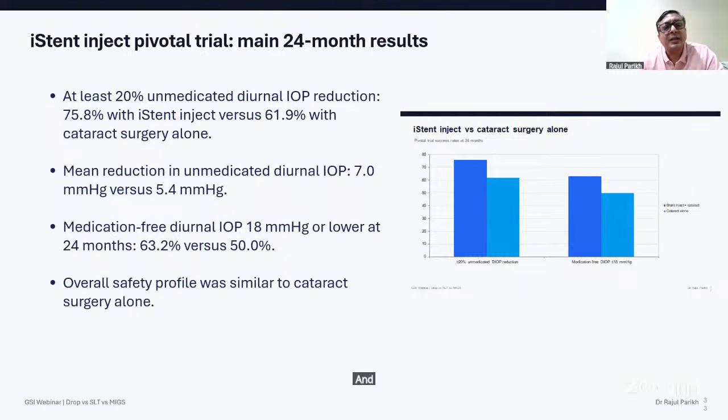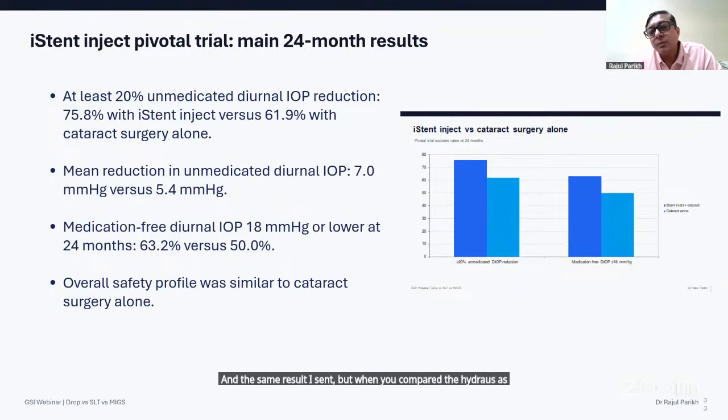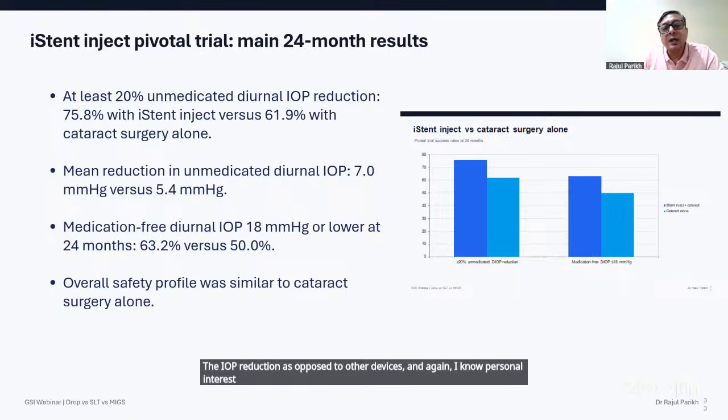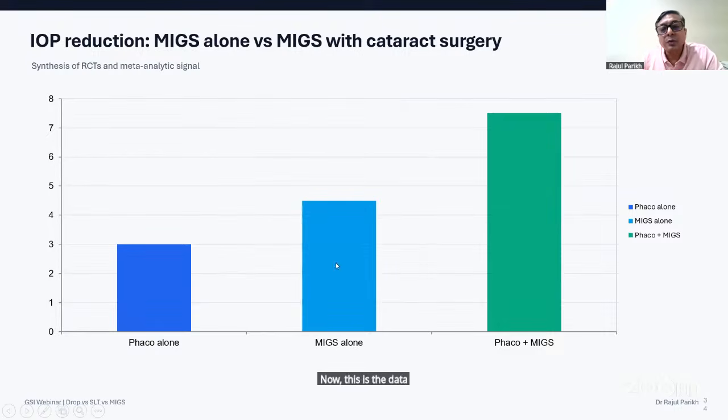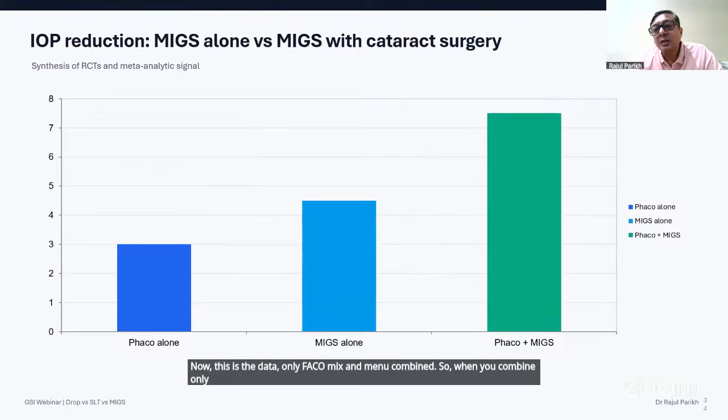And the same result with iStent, but when you compare, Hydrus has more IOP reduction as opposed to other devices. Again, I know it is a personal interest, because Hydrus has another limitation, the cost, especially as far as India is concerned. Now this is the data: only phaco, MIGS, and when you combine them, the IOP reduction is substantial.